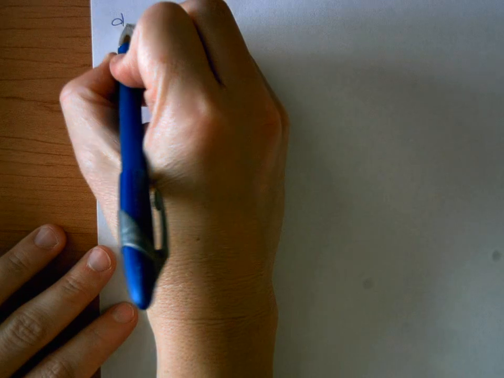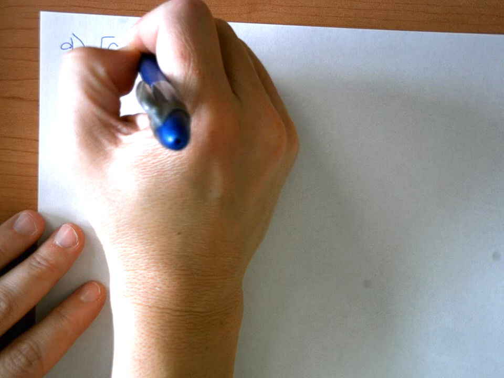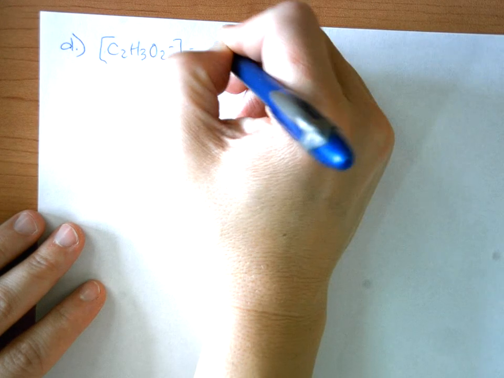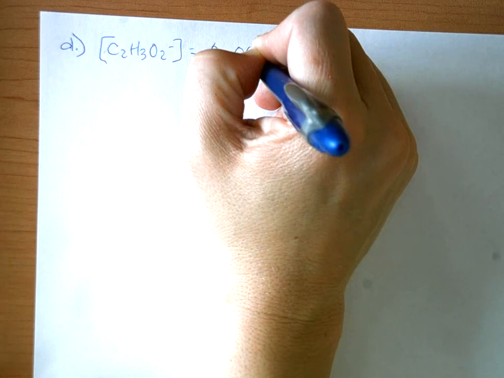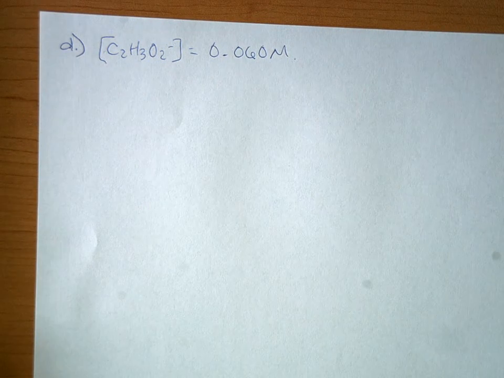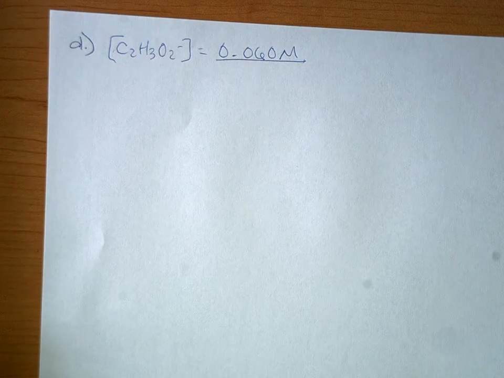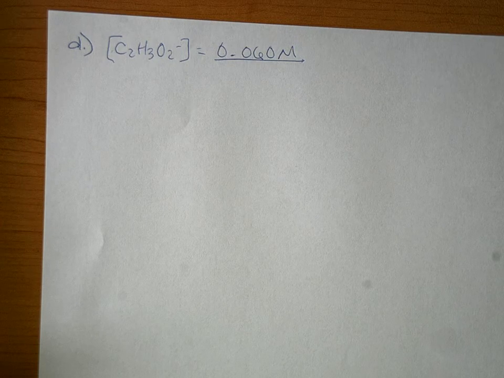Okay, because D then asks you for what is the pH at that point. If the concentration of acetate ions is equal to 0.06 molar, then I can go through and do the ICE table for that, because that's all I have left. I don't have any hydroxide, I don't have any acetic acid, all I have is that.